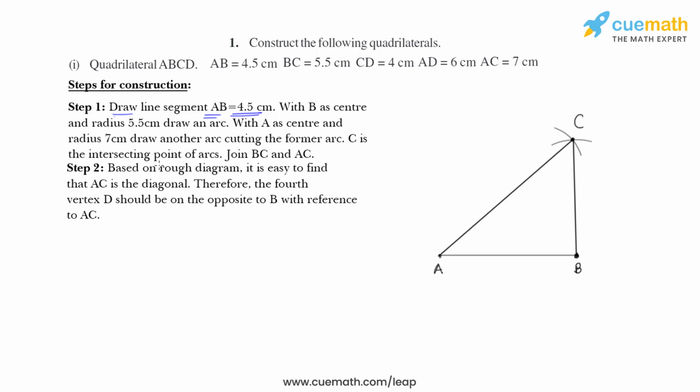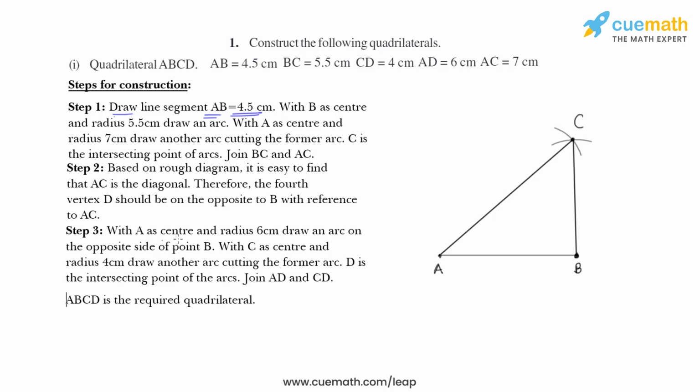Next step. Based on the rough diagram, we know that taking AC as reference, D should be opposite to B. So with A as center and a radius of 6 centimeters, because AD is 6 centimeters, we draw an arc like this.